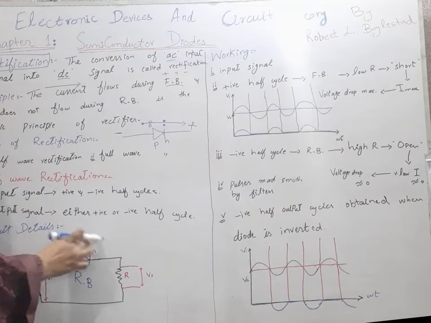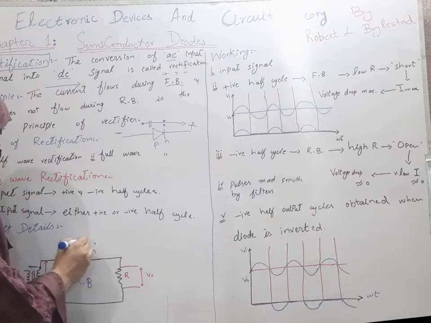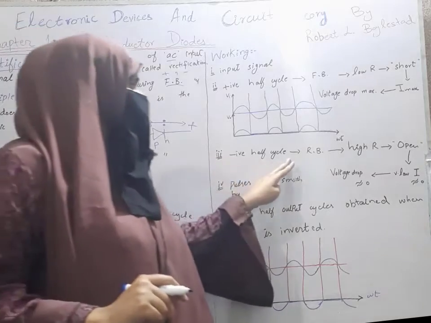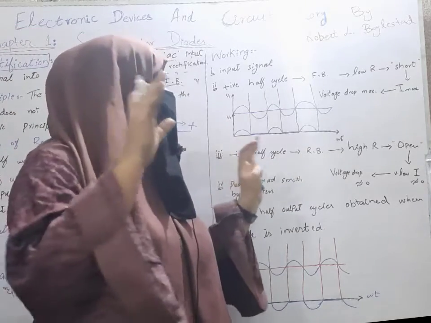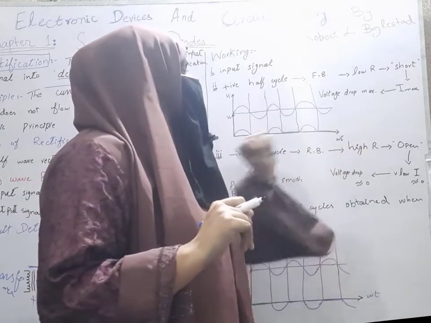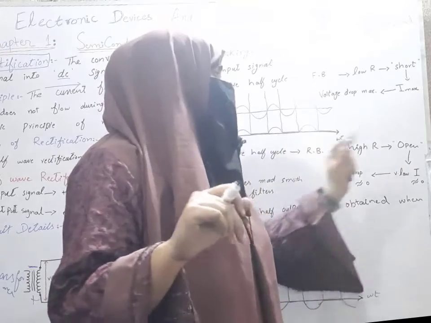In the reverse biasing condition, no current flows because the circuit behaves as the open circuit. So when the negative half cycle comes, our diode will behave as the reverse biased diode and our resistance will be very high. Our circuit will behave as the open circuit.